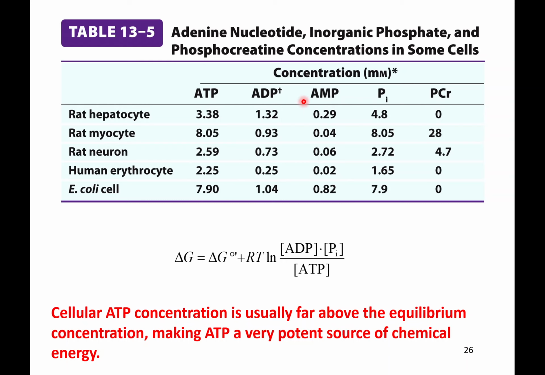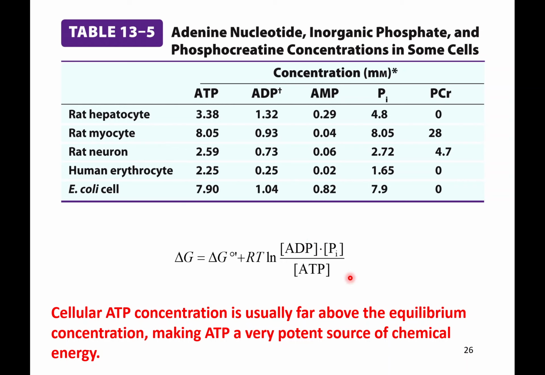The ADP and the AMP, especially AMP concentrations, are relatively low compared to ATP. And if you look at that equation again for our delta G at cellular conditions, you're going to have a very high number in the bottom of this fraction for ATP and some small numbers in the top for ADP and inorganic phosphate, or at least ADP.